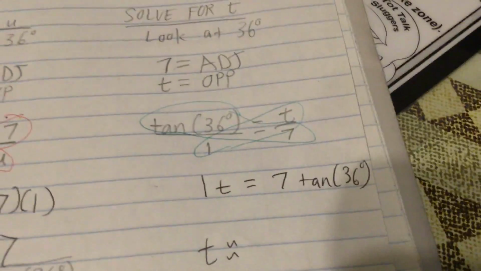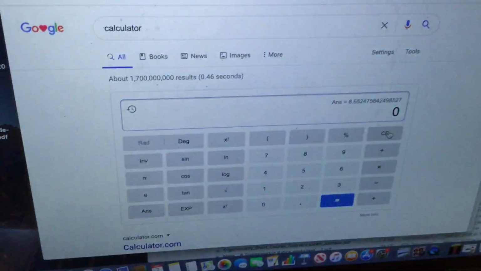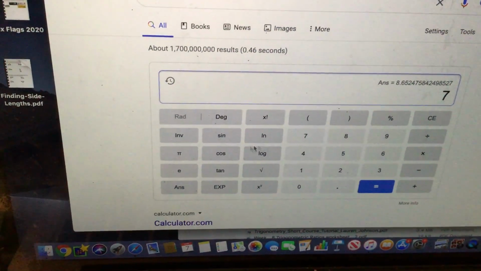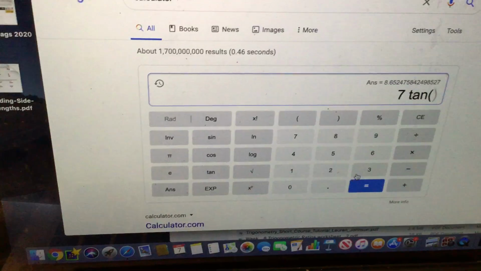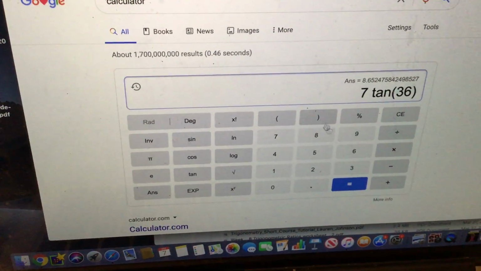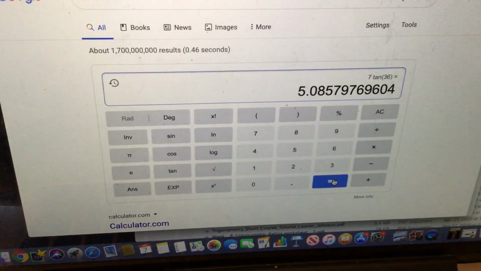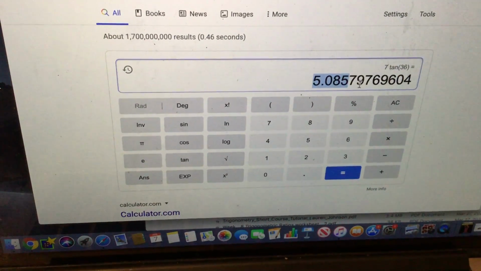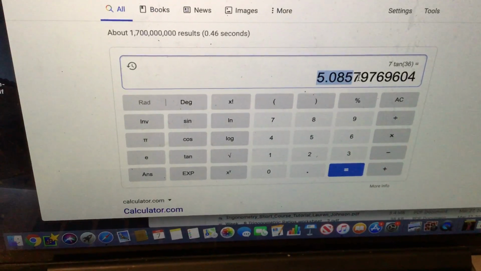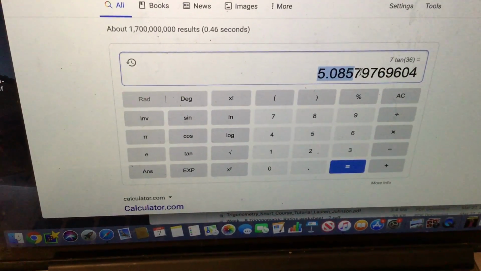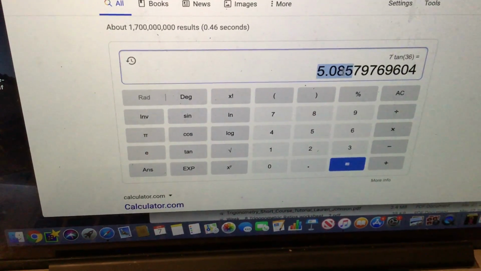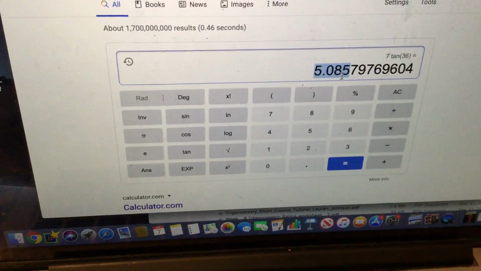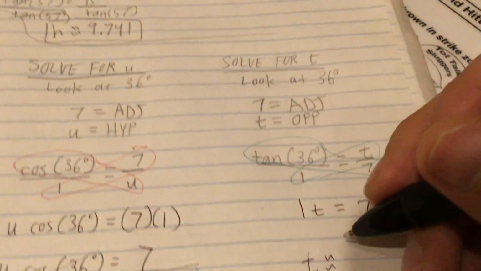So then I get my T, and I multiply 7 times the tangent of 36 degrees. And that gets me 5.0857. So that fourth decimal place is a 7, so if the last decimal place is 5 or higher, I round up. So that'd be 5.086.